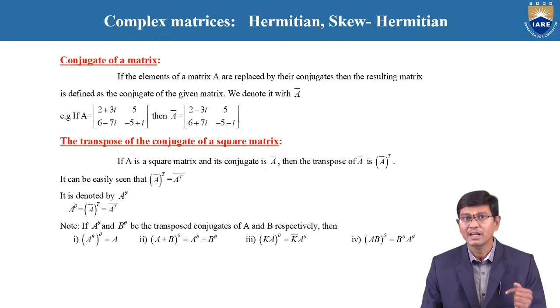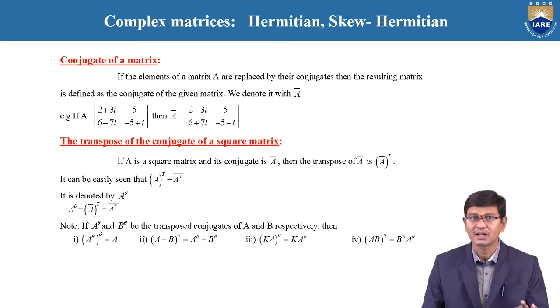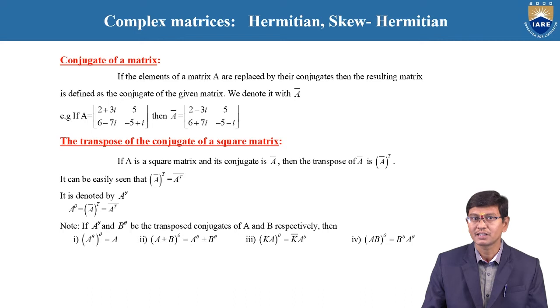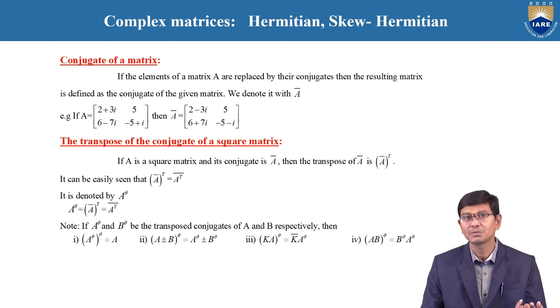Similarly, applying the transpose first and then the conjugate makes no change. That means the conjugate of the transpose of a matrix is equal to the transpose of the conjugate of the matrix. Both are the same matrix.